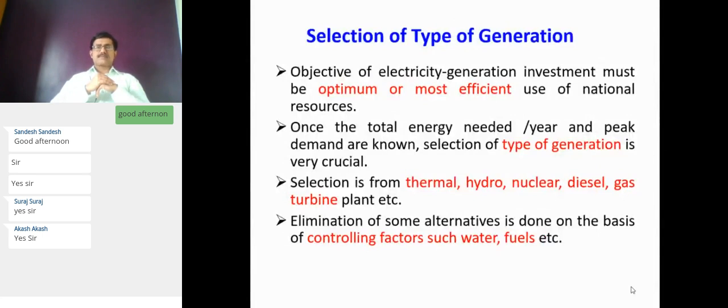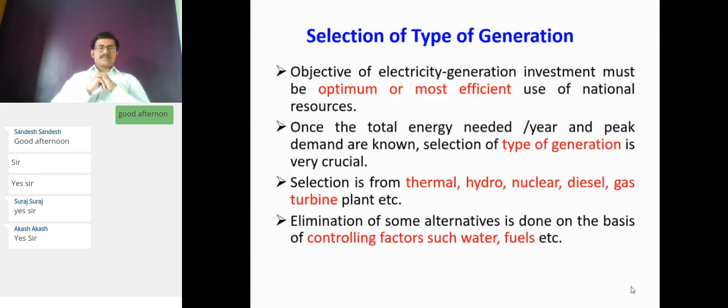So that is the first point. And the second point for today's discussion is the fluctuating load on the power plants. We are going to see why the load on the power plant normally fluctuates, what the reasons for that are, and some elementary terminology, some basic terms and their definitions which can be made use of in the fluctuating load of the power plants. So these are the two major points for today's discussion.